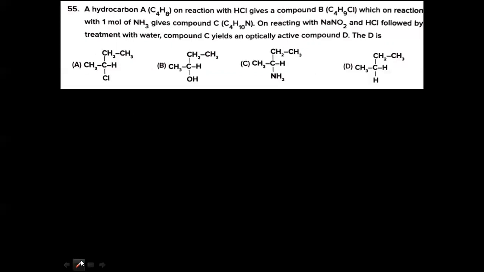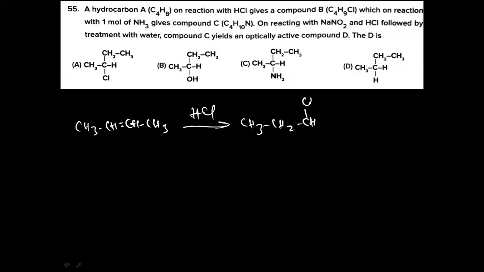55. A hydrocarbon A with molecular formula C4H8 on reaction with HCl gives a compound B with formula C4H9Cl, which on reaction with 1 mole of NH3 gives compound C having the formula C4H11N. On reacting with NaNO2 and HCl followed by treatment with water, compound C yields an optically active compound D. Okay, here CH3CH=CHCH3, consider 2-butene, which on treating with HCl gives CH3CH2CHClCH3.